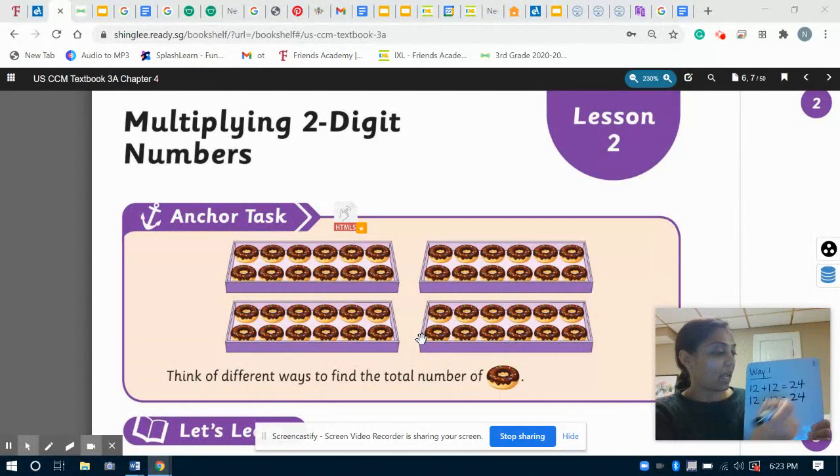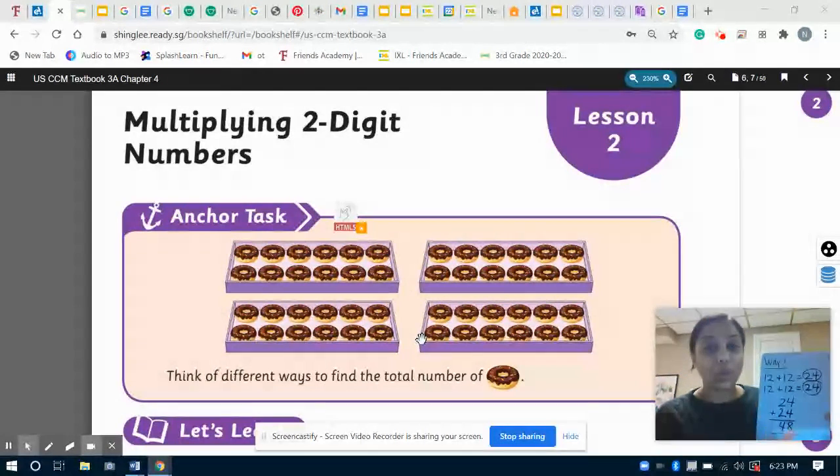Then you just have to add these two together. If I use the standard column, that means lining up the place values accurately and counting with the ones first and then moving on to the tens. So 4 plus 4 is 8, 20 plus 20 is 40. So we have 48 donuts total. So that's one way you could have calculated it.